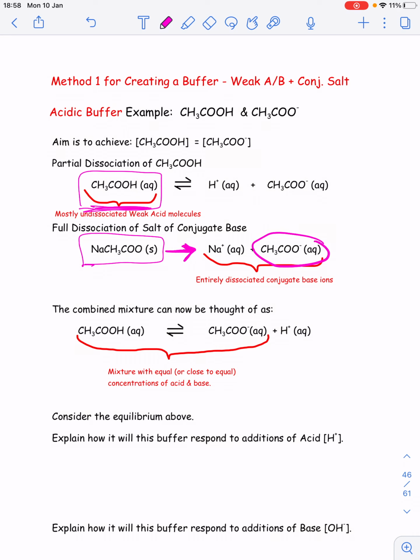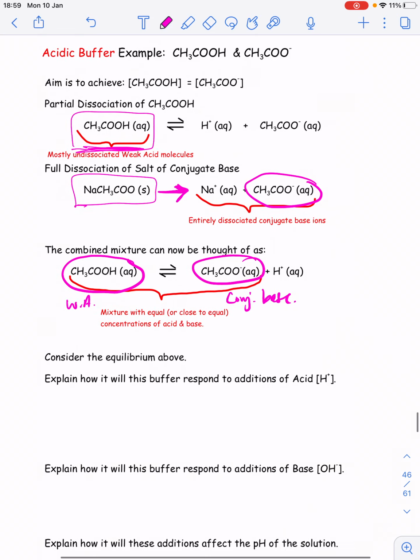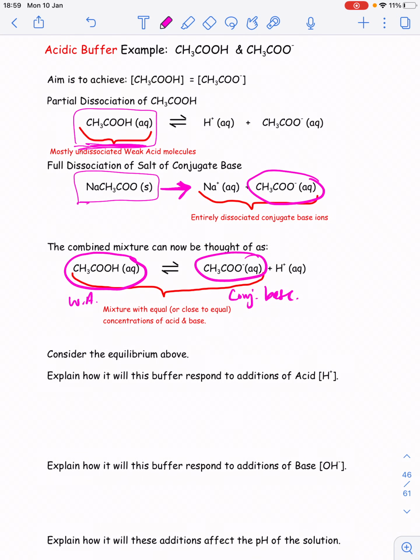So if you took a weak acid solution and dumped a bunch of this salt into it, you would get a mixture that had about equal amounts of both the weak acid and the conjugate base. So now you've gotten to the same place by adding the conjugate base from its own salt. And that would then produce an acidic buffer.